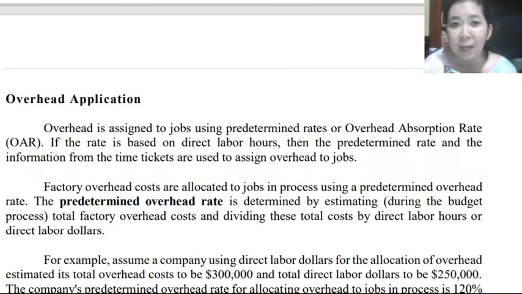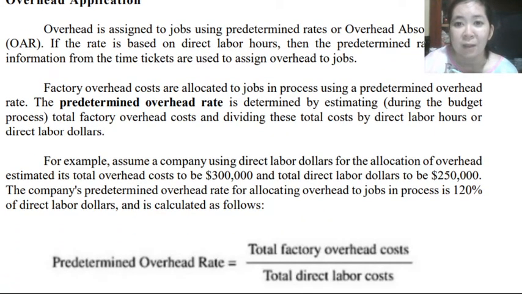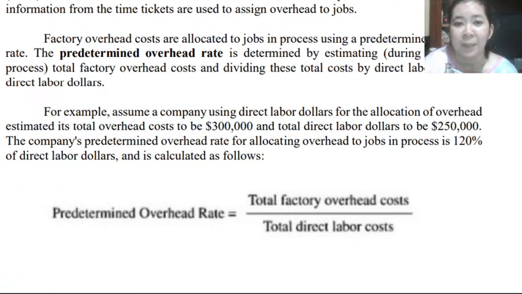Okay, so depending on what basis the management has intended to use in allocating this overhead. To understand better, we have here an example. Assume that a company is using the direct labor dollars for allocating their overhead.